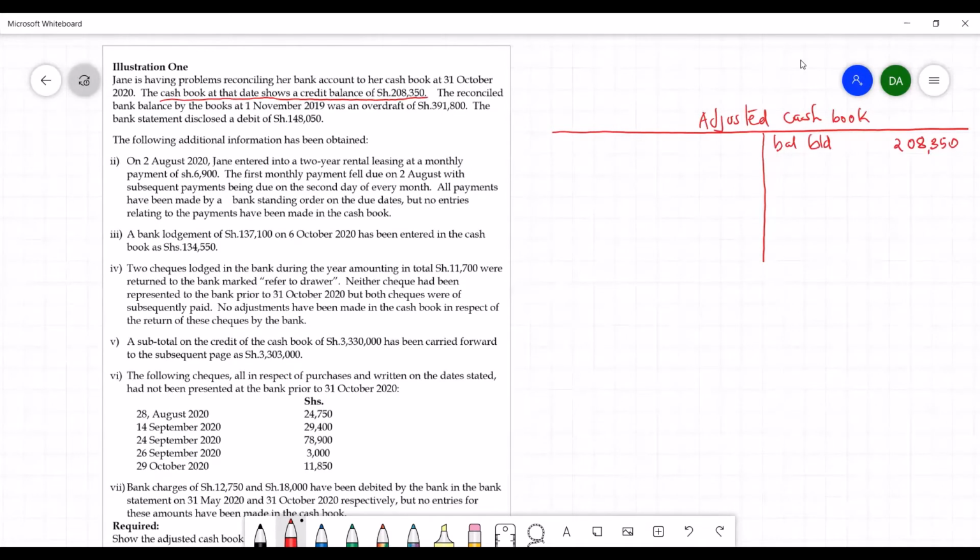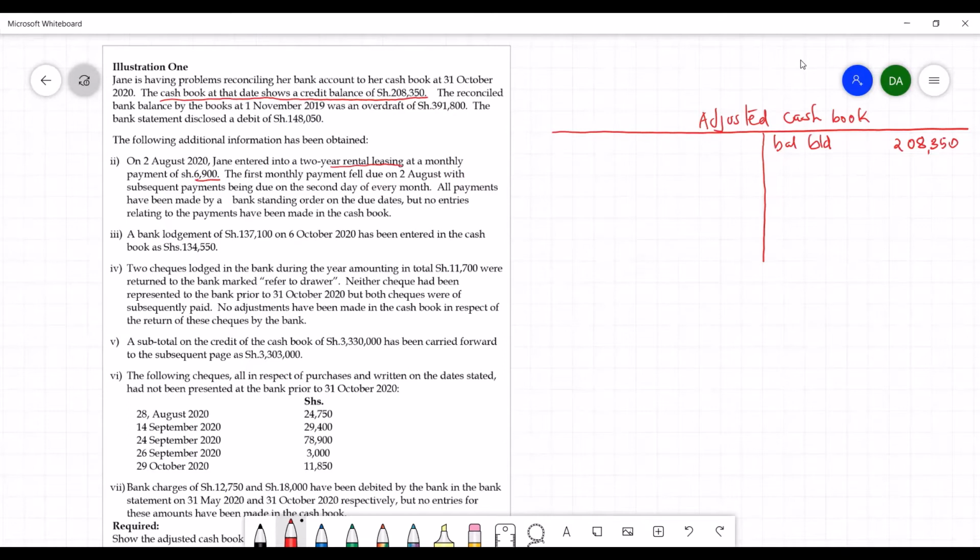On 2nd August, Jen entered into a 2-year rental leasing at a monthly payment of 6,900. The first installment was supposed to be paid on 2nd August, and that has always been paid by the bank, but no entry has been made in the cash book.